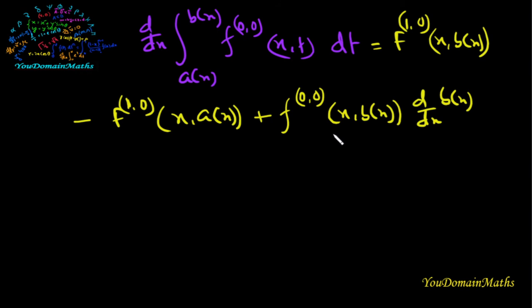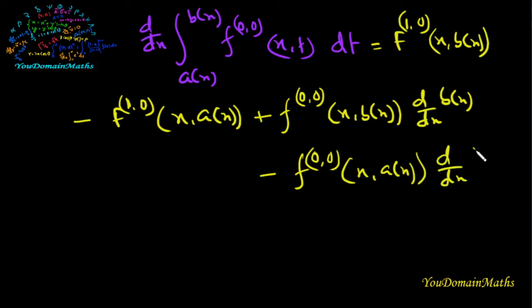The second term can be written in this form, and the last term can be written f of x comma a of x, d/dx of a of x.